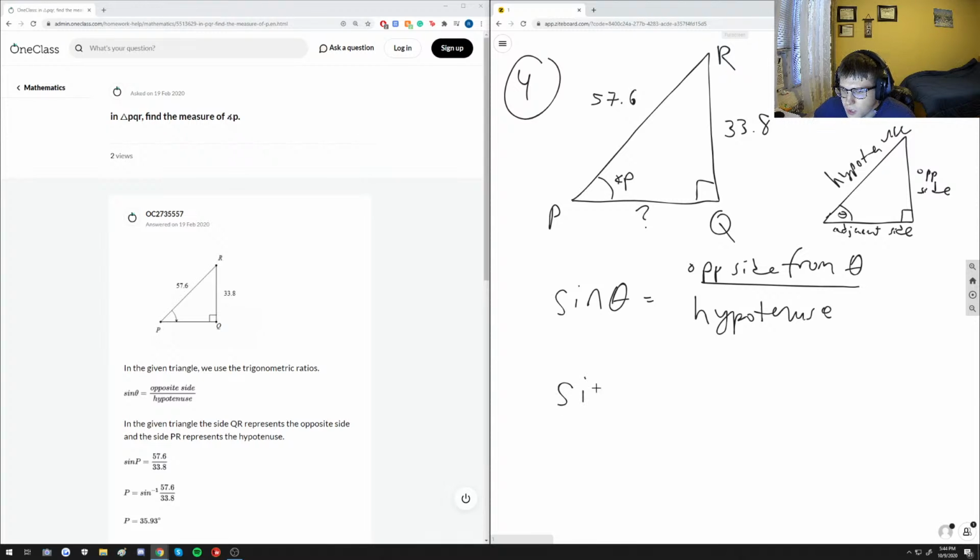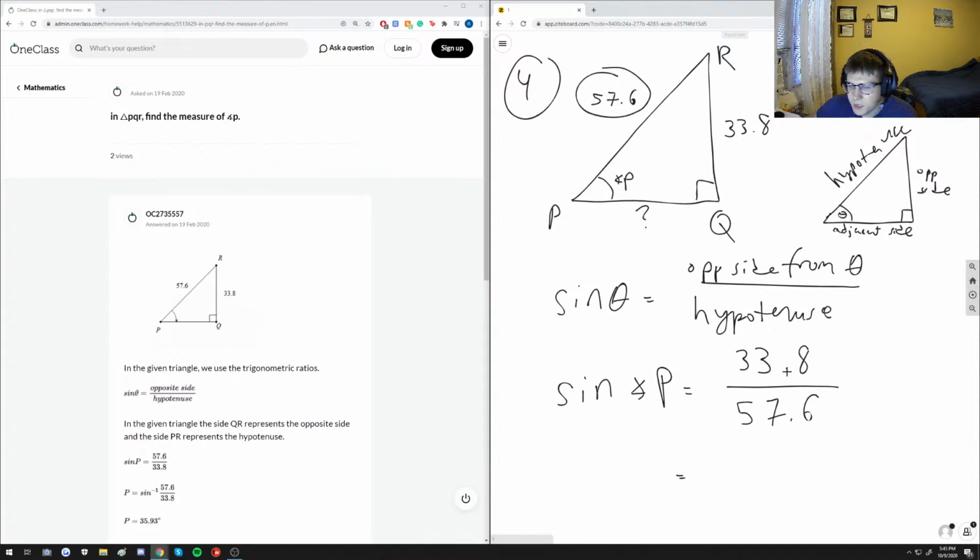If we do the sine of angle P, the side opposite of angle P is this side, RQ, and that value is 33.8. And our hypotenuse is 57.6, this longest side made up of the two legs, and this would be our denominator.